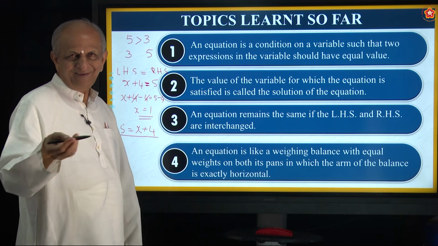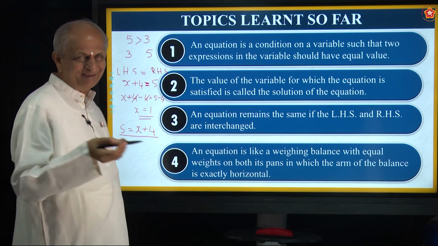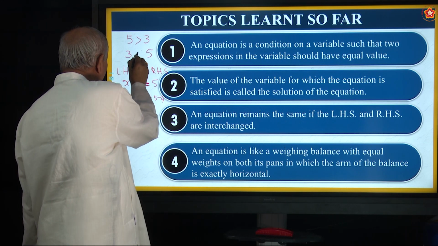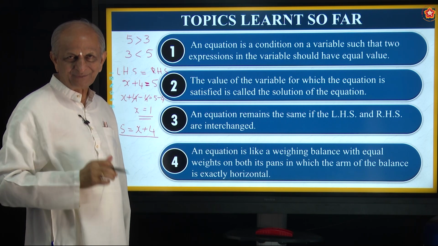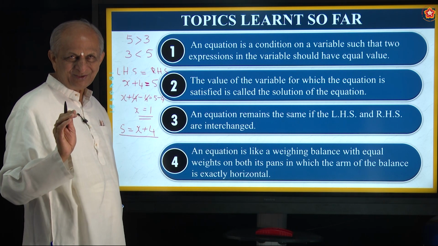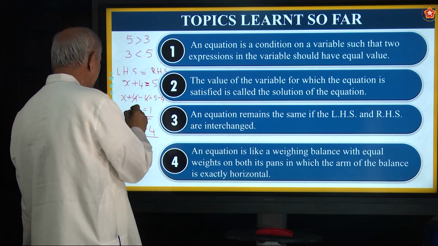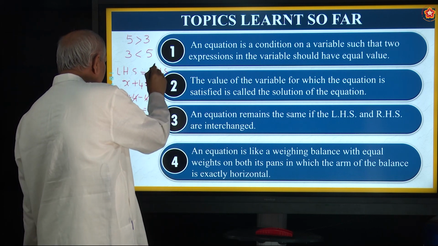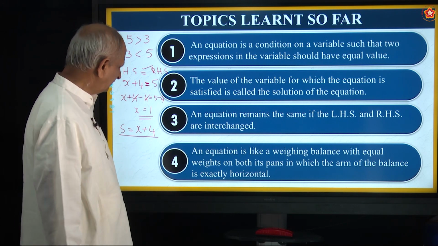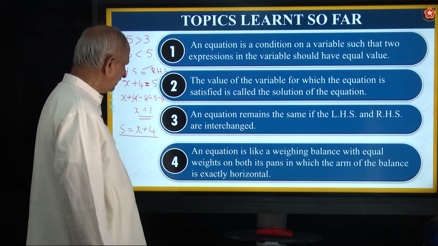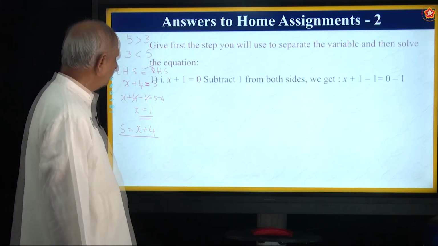Come on, what is the sign you use? You use lesser than. So, can we call it as equation? No. So, equation should have an equal sign. Only if the equal sign is there, we call it as an equation. Okay. So, this is one thing.